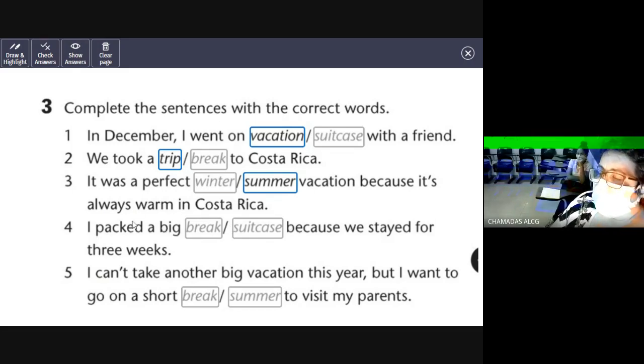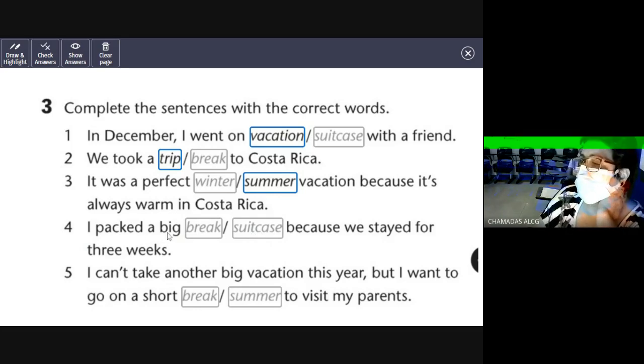So number 4, I packed a big suitcase. Pronunciation. How do we pronounce this word? Suitcase. We don't pronounce the letter I, okay?